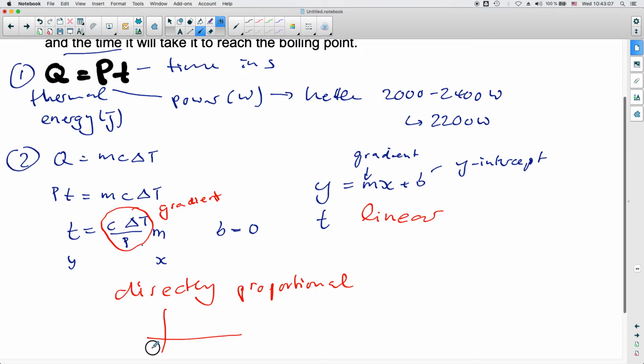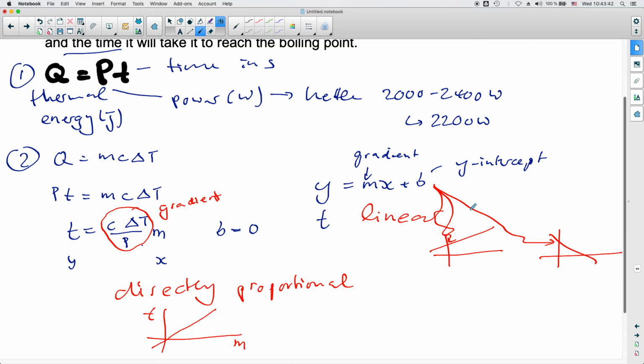So if I have my results, I'm expecting this sort of relationship with the time here and the mass, my independent variable, being here on the x-axis. If it was a linear relationship, then the whole thing would look like this, for example, or it could look like that. Any of these would be linear relationships where I have y-intercepts that are actually different to 0. Oops, that was meant to go here. It's a bit tricky to draw on the tablet.